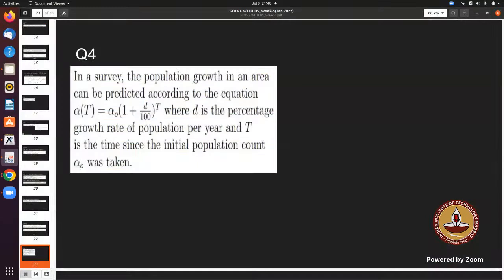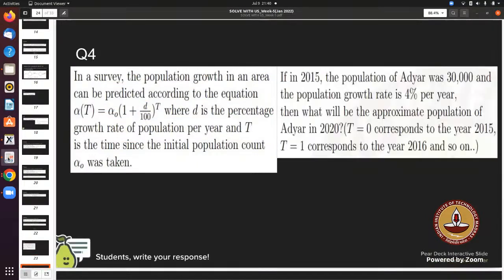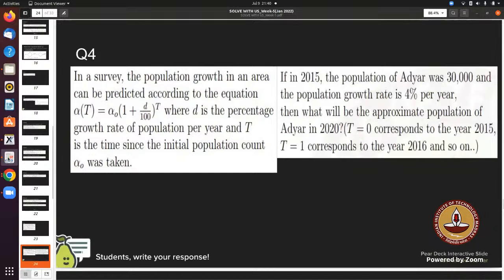Before going further, there is another exponent problem. Let's solve it and then we'll go. In your survey, the population, again in terms of alpha, this equation is given. So alpha is the function in terms of t. T is the time, the initial population count is alpha naught, and d is the percentage of growth.